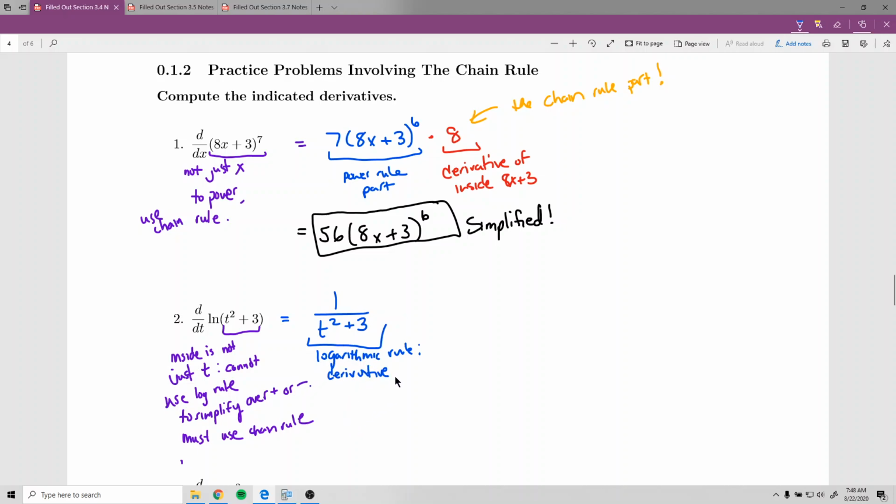It's the 1 over the inside. And then the chain rule part says do the derivative of the inside and multiply by the derivative of the inside. The derivative of the inside, t squared plus 3, is 2t.